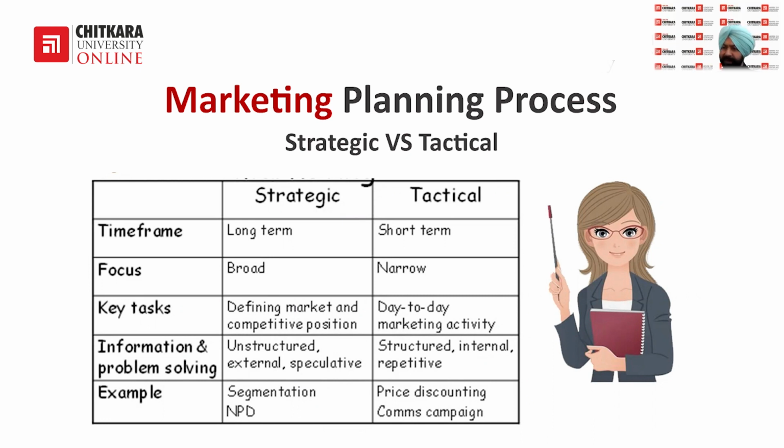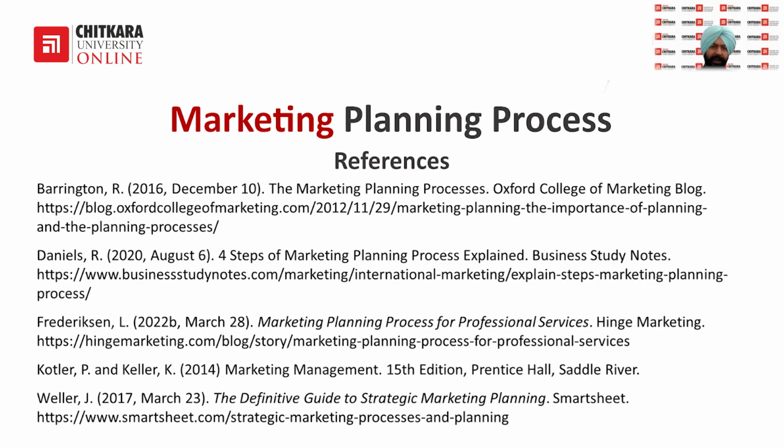Structured in the sense they know that today this activity for these many customers with this kind of budget will lead to this result. So this is what we need to keep in mind when we look at strategic and tactical. Strategic is more about segmentation, whereas tactical is more about price discounting and campaigns that an organization may have.